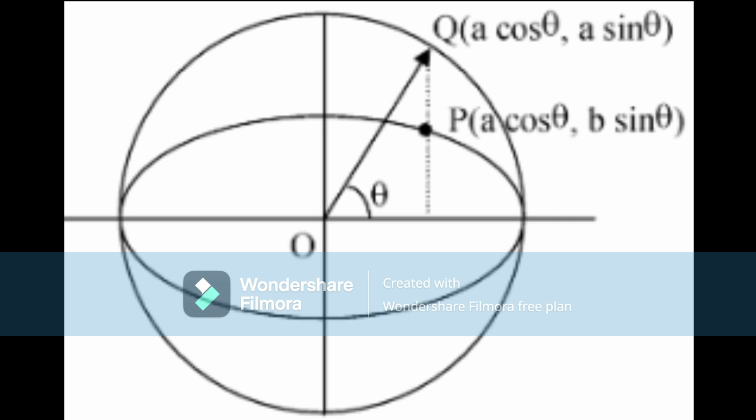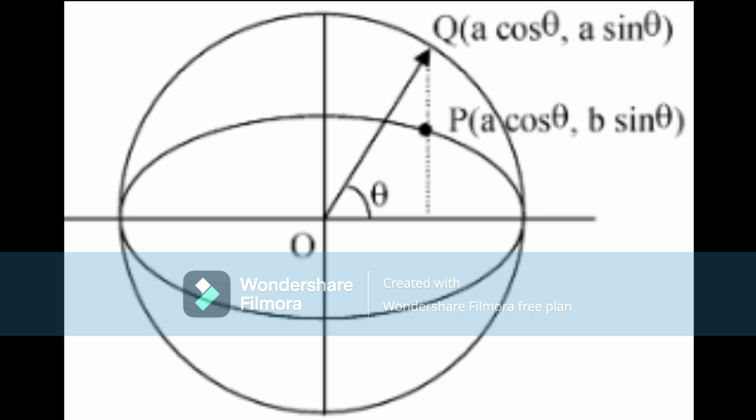Yes, sine square theta plus cos square theta is equal to 1. That is one of the most basic, trivial identities of trigonometry, which almost every person who has read trigonometry is expected to know. So why don't I represent that equation of an ellipse in terms of sine and cos?